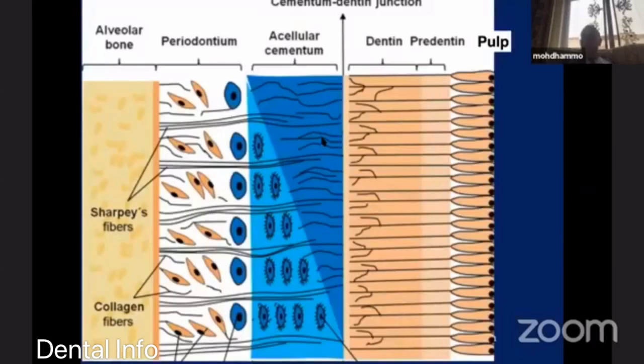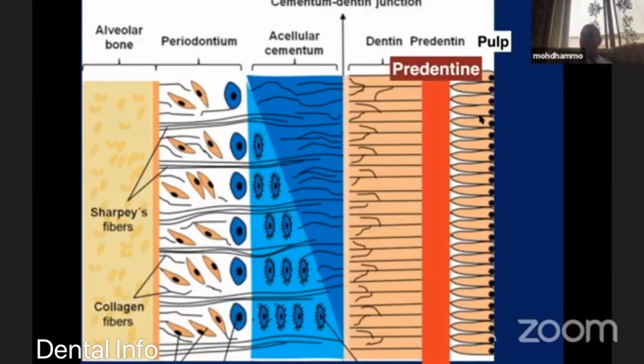Now, to remind you, we are dealing with, from outside to inside, alveolar bone, then periodontium, then cementum, then dentin, then the pulp. Now, we talked about two important layers. The first layer is between the pulp and dentin, it is called the predentin layer, and this layer is non-mineralized.